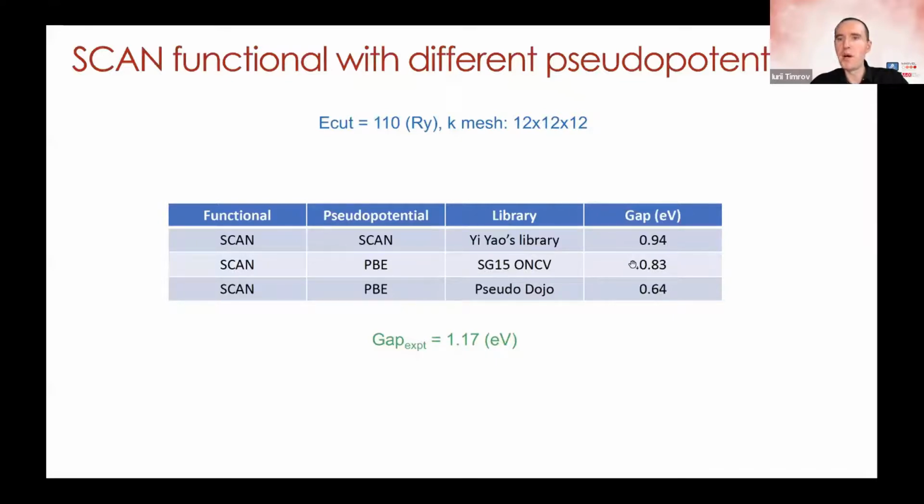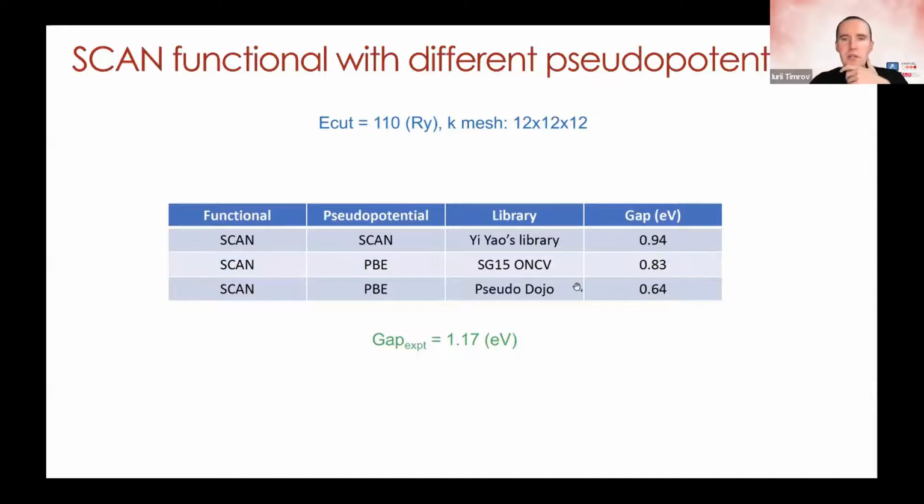It's just 0.1 eV worse than with the SCAN pseudopotential, but it's not too bad. But if we use another pseudopotential from the pseudo-dojo library, we are much worse than with the SCAN pseudopotential. It went from 0.94 to 0.64. It's really quite a significant worsening of the result.